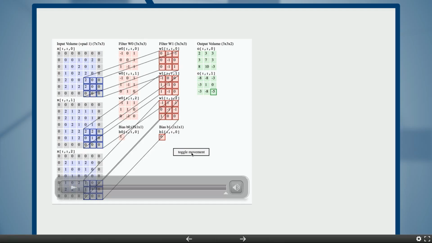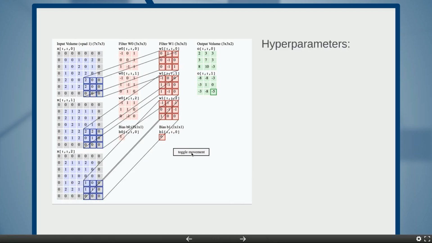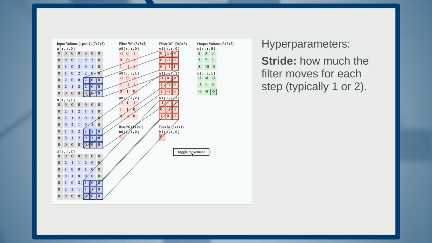And so with this, we have a couple of different hyperparameters. The first one being stride, which I mentioned, and this is how much the filter moves for each step. Typically, this is going to be 1 or 2, 3 or more is going to be very uncommon.